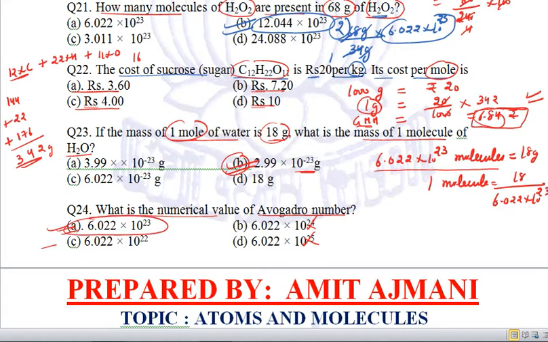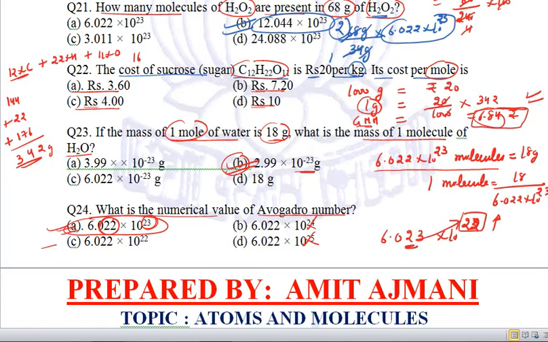But I have seen at times that some students have this confusion whether it is 23 at the bottom and 10 to the power 22, or at the bottom it is 6.022 and the power is 23. So in that case, if you also face this type of confusion, always remember the thing at the top needs to be at the top because it is having something more.